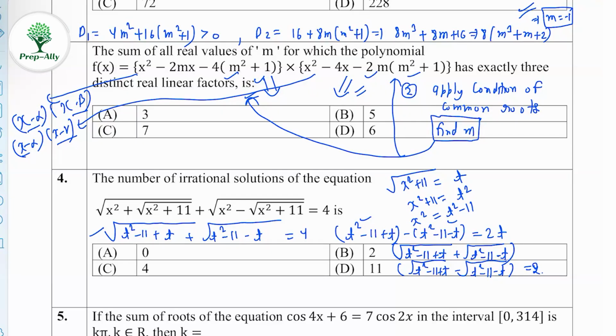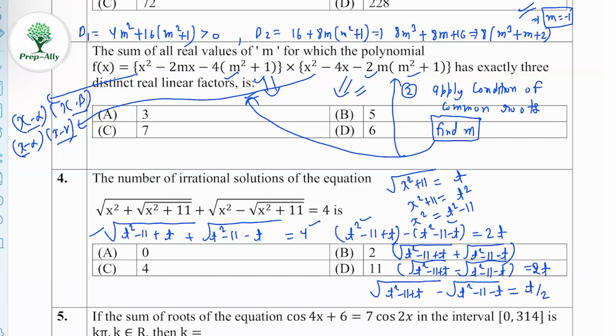And here what will you get? 2t. So here what I will get? Root of t square minus 11 plus t minus root of t square minus 11 minus t is equal to t by 2. Because that is 4. So you will get t by 2.